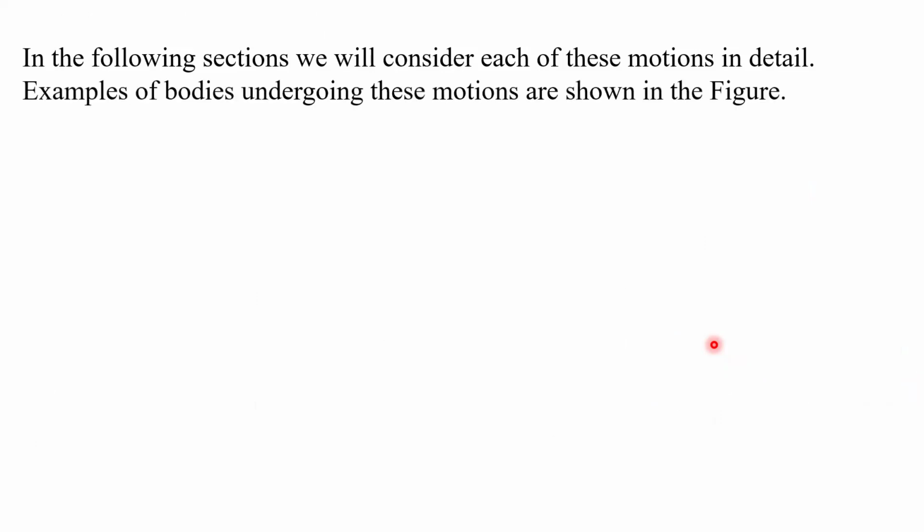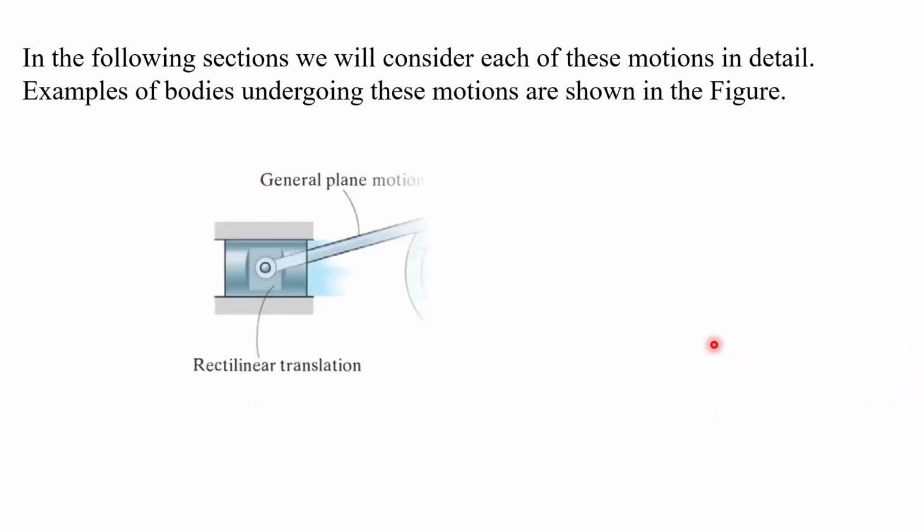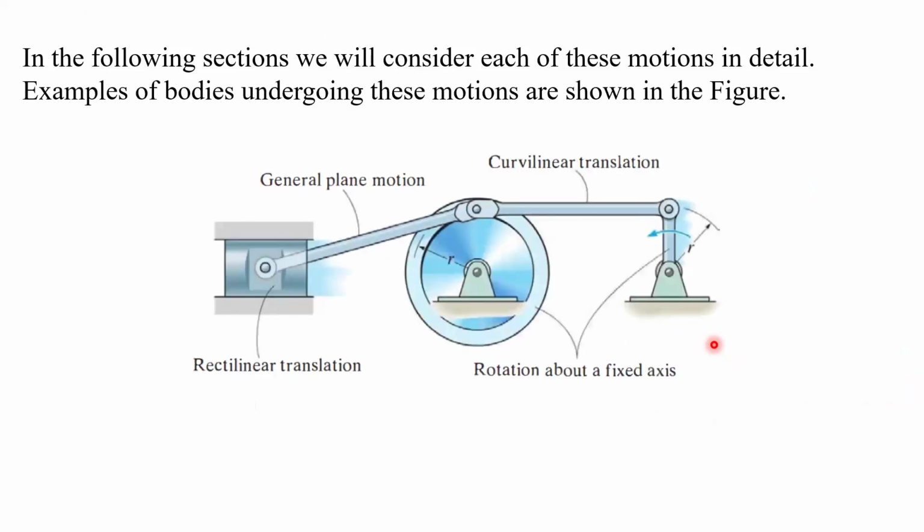Examples of bodies undergoing these motions are shown in the figure. Here, we have this rotary disc, this crank arm, and this reciprocating arm. This point is going through a rectilinear translation because it is restricted up and down, so it can only go left and right in the x direction.